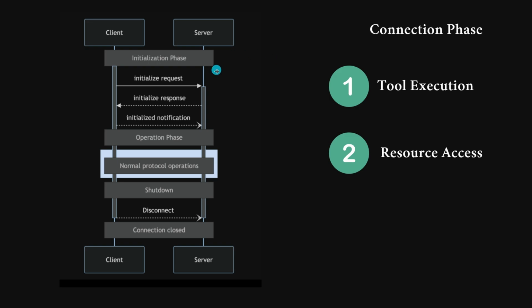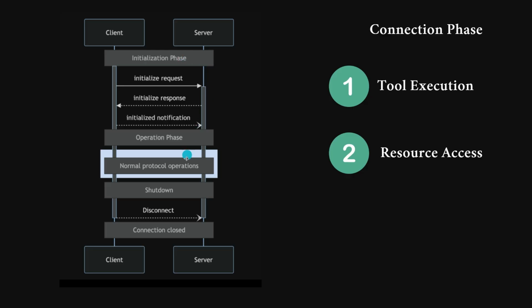Then the server will create a request to execute the tool which it hosts, and it reads the contents of the file in order to send it back to the client. Then the client provides it back to the LLM, and the LLM will display the results back to the user.